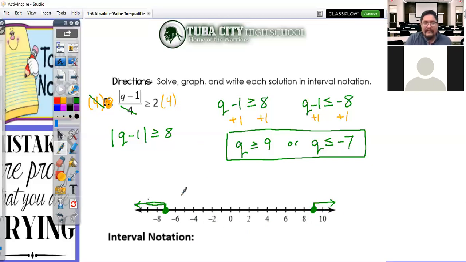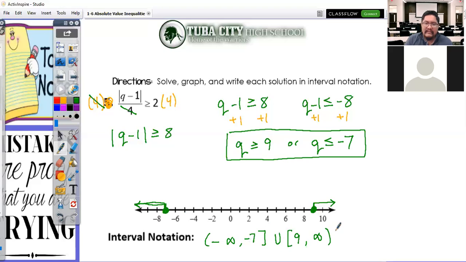Anyway, let's go ahead and write it in interval notation. So starting from the lowest number, which is negative infinity, and it goes to -7, including -7. So we have the square bracket for this one too, because this is also going to be included. So starting from 9, we go to positive infinity, or just infinity.